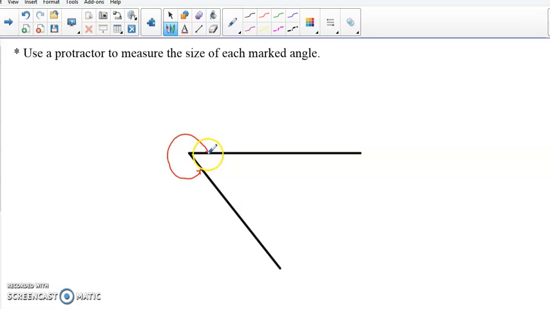Okay, next look at this now. You see, this is a reflex angle round. So for me to measure this reflex angle, I have to first measure this small part. If I measure this small part, I remove it from 360. That will give us the other part. Okay, now let's go.